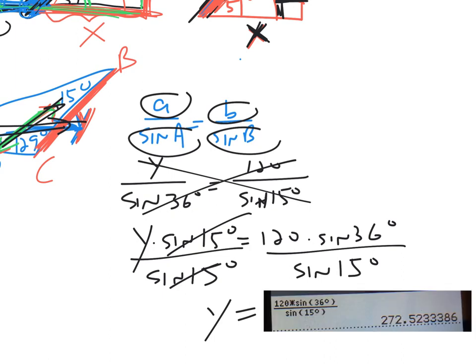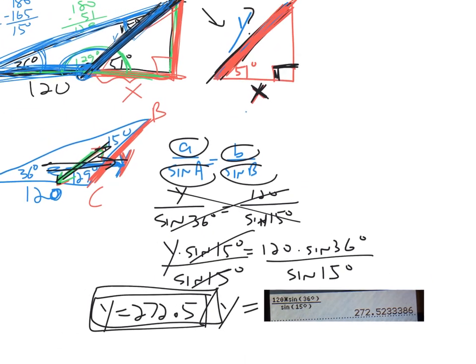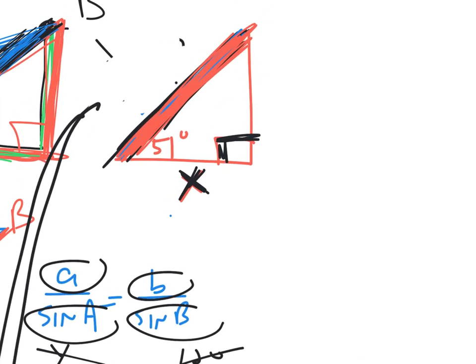So here I have y is equal to 272.5. Well, that's going to be that side of that blue triangle, but more importantly, that's also going to be the hypotenuse of that red triangle. So I'm going to label the hypotenuse now as 272.5.